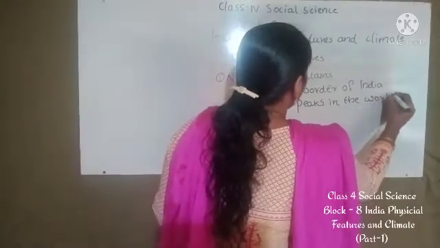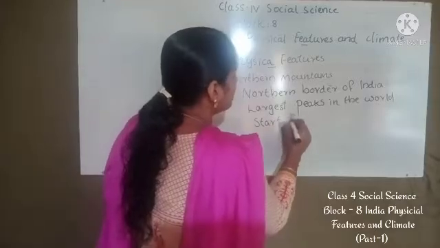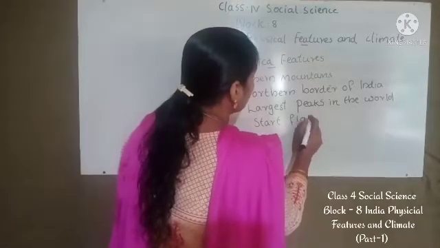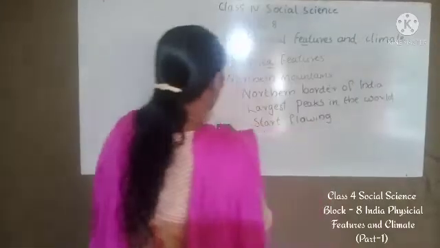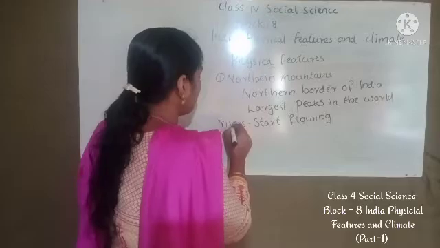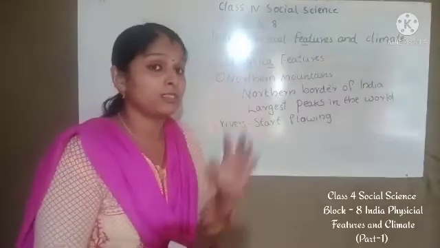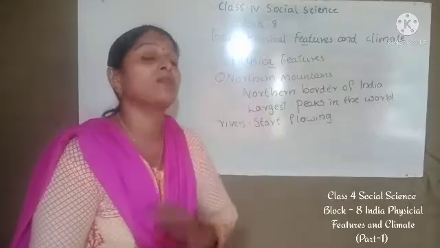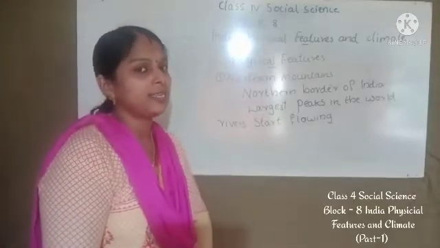And we know many rivers start flowing from here. That means many rivers start from Himalaya. Ganga, Yamuna, Brahmaputra, these are some rivers that originate from Himalaya. In detail, we will study it in the next block.